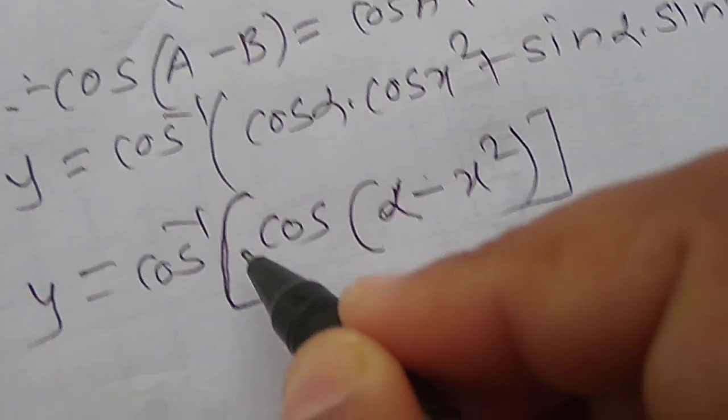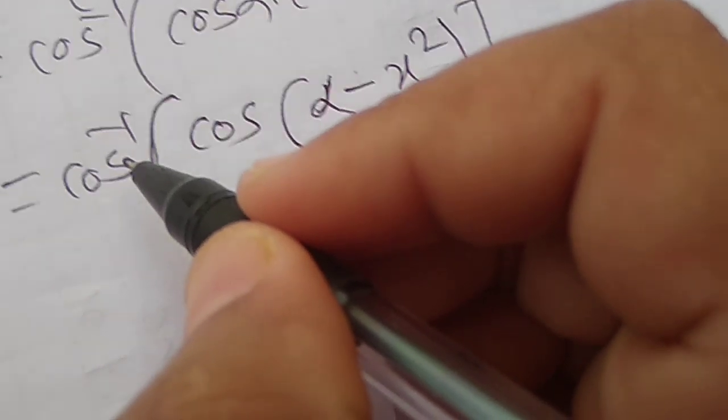Therefore here y is a function which is given in cos inverse of cos, which gets cancelled, and we will get alpha minus x square.